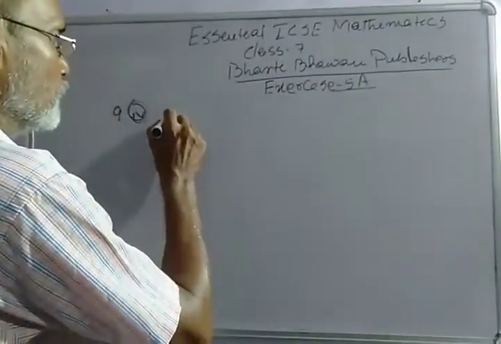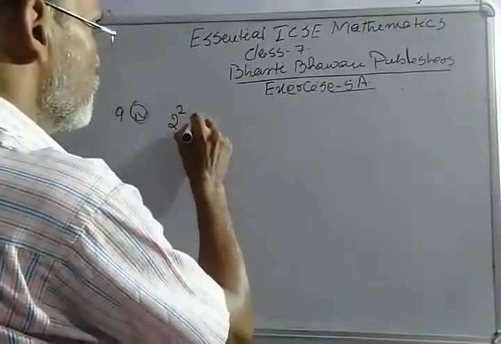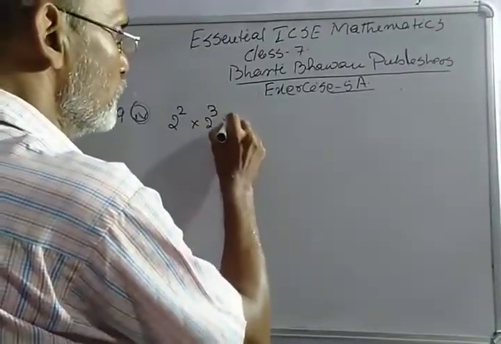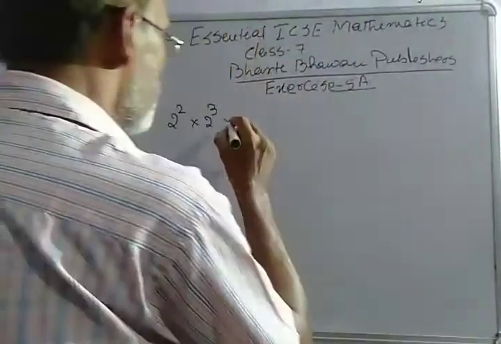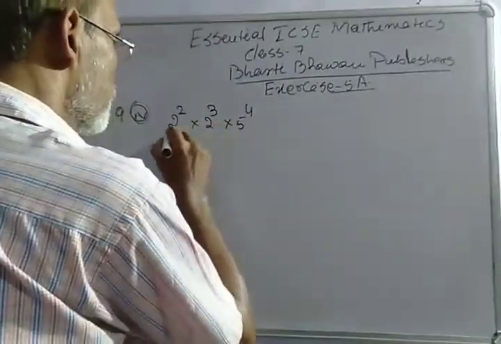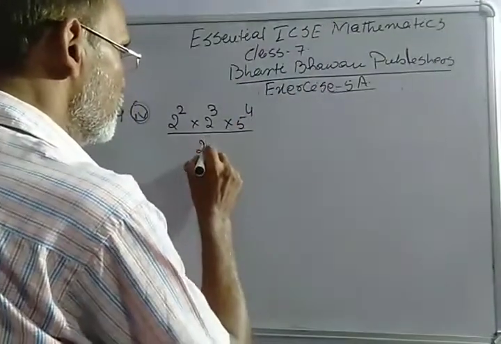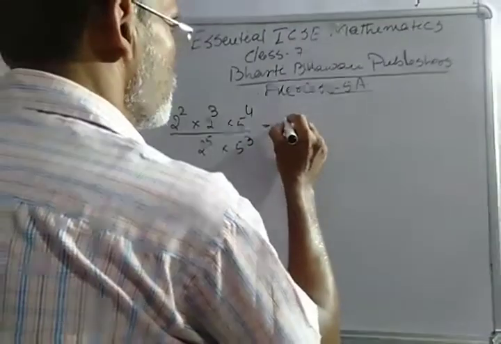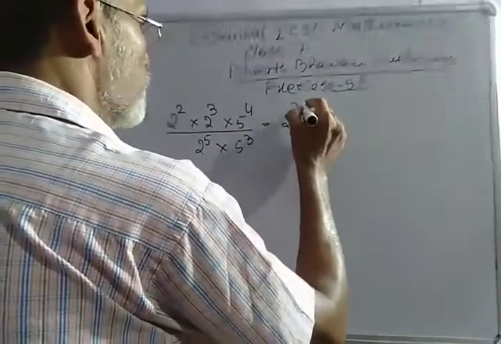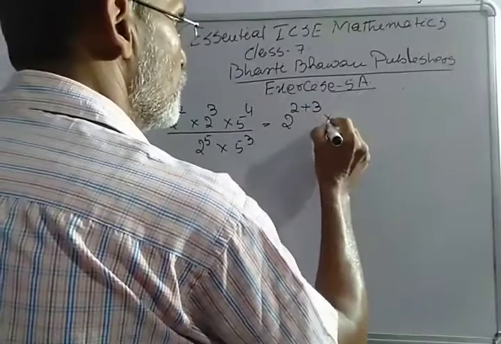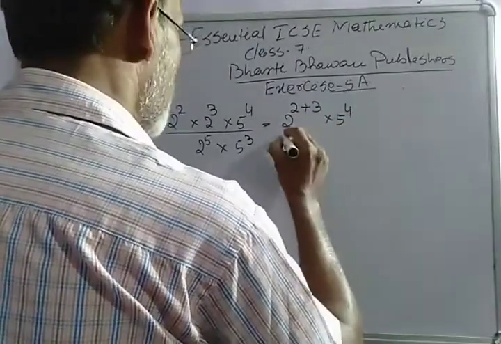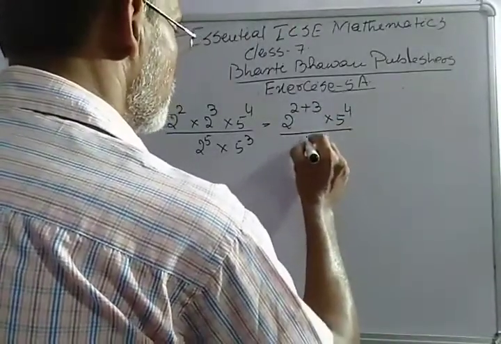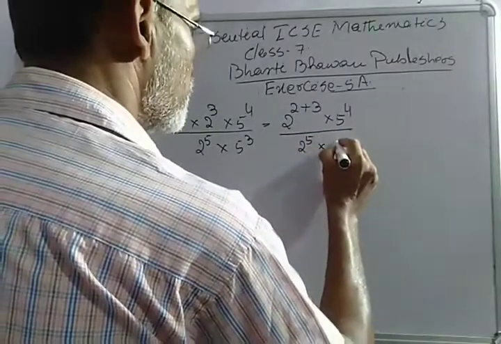2 to the power 2 into 2 to the power 3 into 5 to the power 4 by 2 to the power 5 into 5 to the power 3. So this is equal to 2 to the power 2 plus 3 into 5 to the power 4 by 2 to the power 5 into 5 to the power 3.